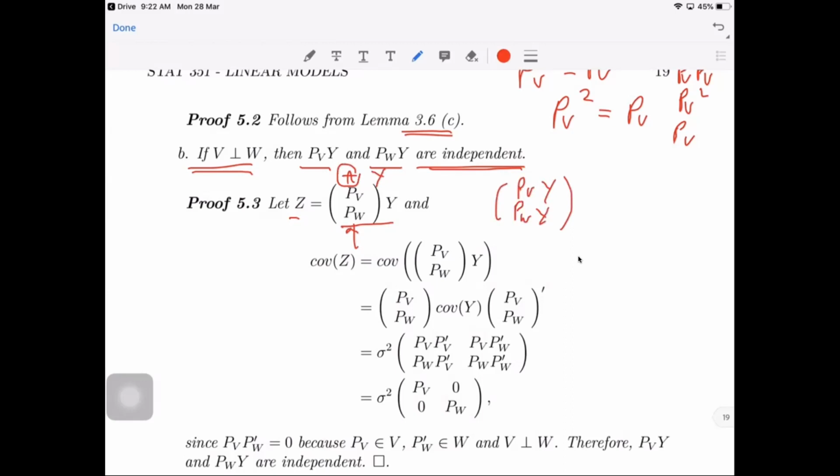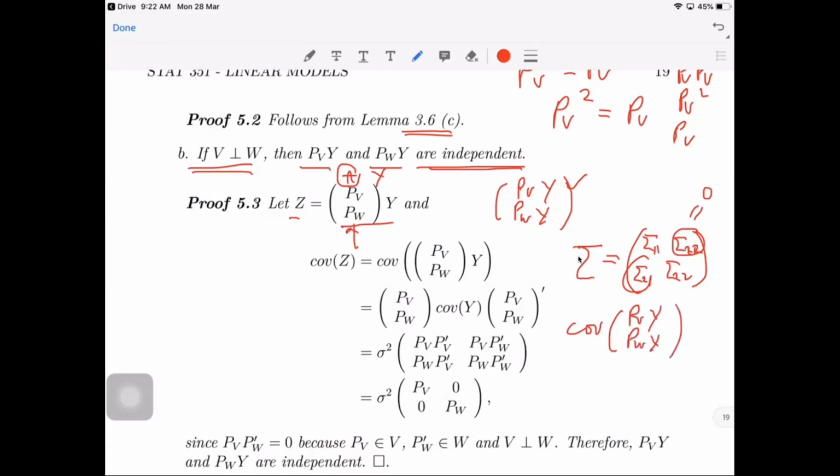And then we use the result that if we have sigma 11, sigma 22, sigma 21, sigma 12, and the off-diagonal sigma 12 and sigma 21, which is symmetric, is 0, then we say that PVY, and so we look at the covariance matrix of PVY and PWY, no?